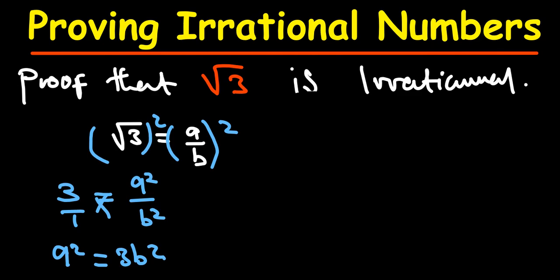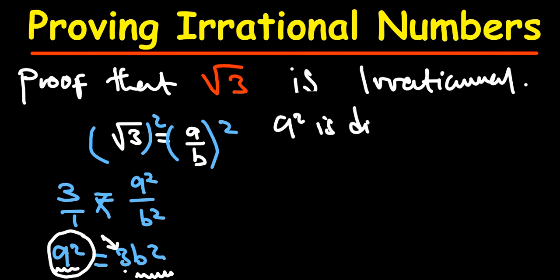So remember what we did on the root of 2. Since we have a number b squared being multiplied by 3 and we are getting a squared, it means this a squared here is divisible by 3.